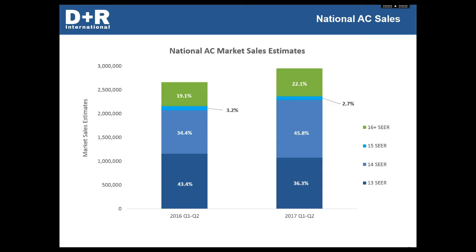You'll also notice a trend that, if any of you attended the webinars last year, we had just started to mention, and we wanted to know if it was going to continue going forward. Last year in 2016, in those regions that were still allowed to sell nominal SEER 13 equipment, we started to see for the first time, in the summer of last year, SEER 14 equipment being sold at higher volumes.